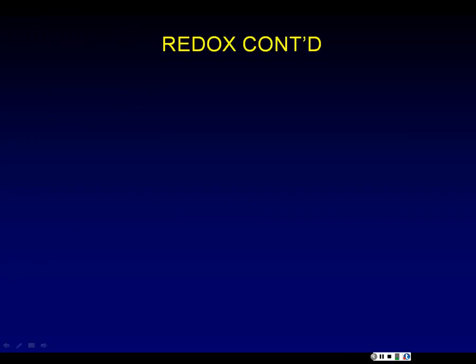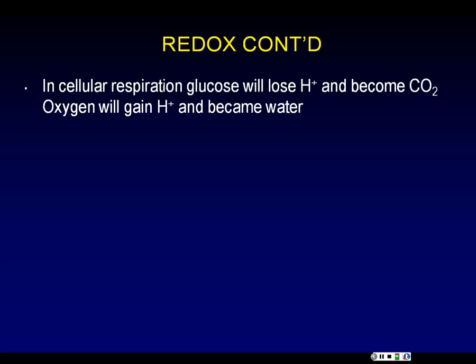So it says in cellular respiration, glucose will lose hydrogen ions and become carbon dioxide. So that is oxidation. Glucose will lose its hydrogen ions, which means electrons are going as well, and become carbon dioxide.